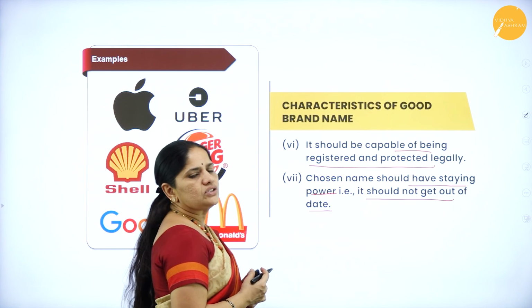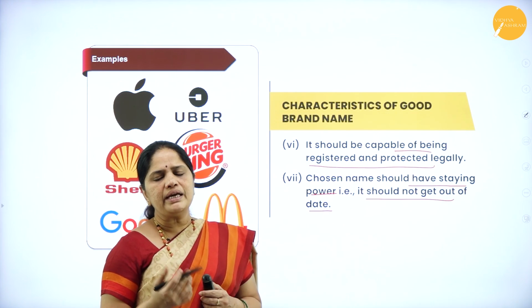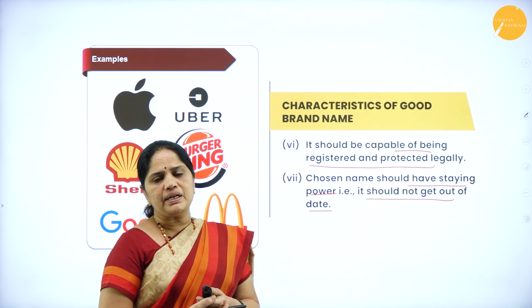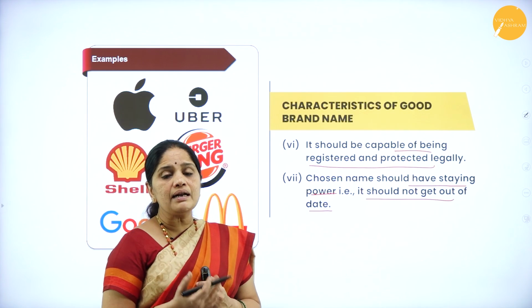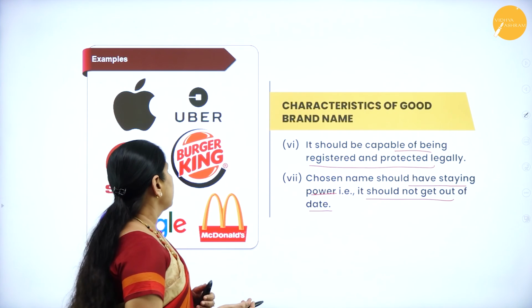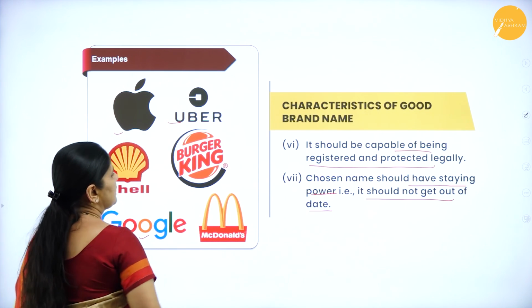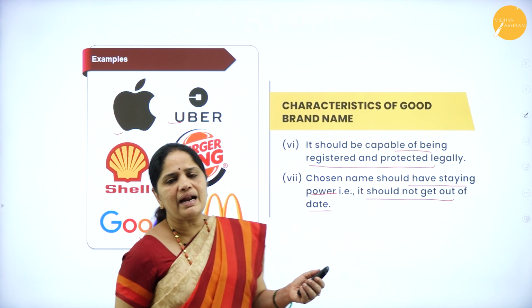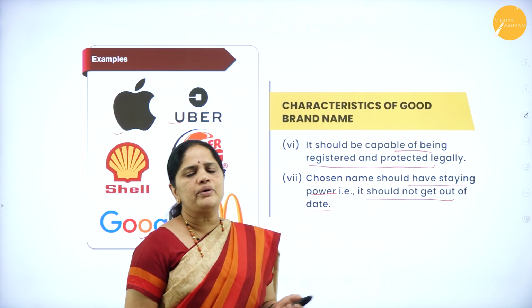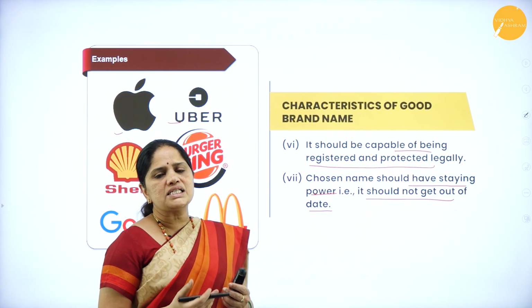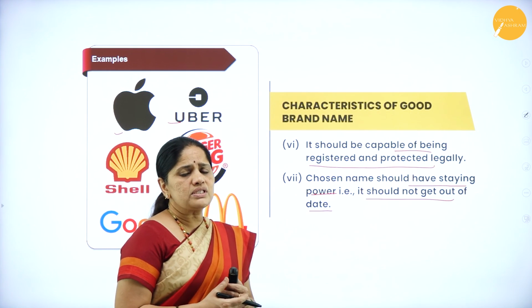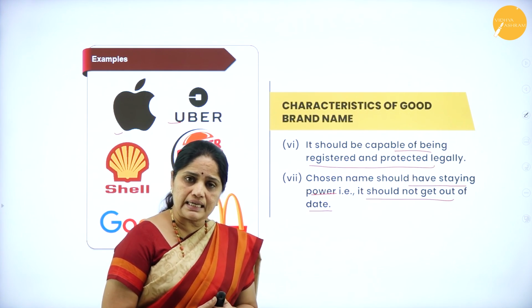Whenever we think of a name, the name should be remembered by people. It should be memorable in their minds. Such names, like Apple here, the Uber taxi, Google, McDonald's, are all brand names which will be there in our memory and will not be erased for a very long time. So such brand names are to be selected.